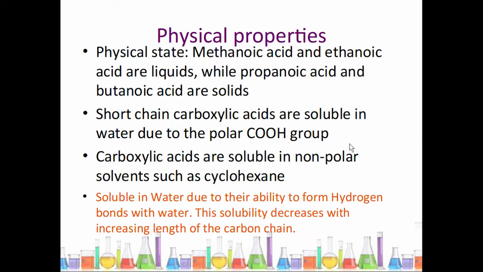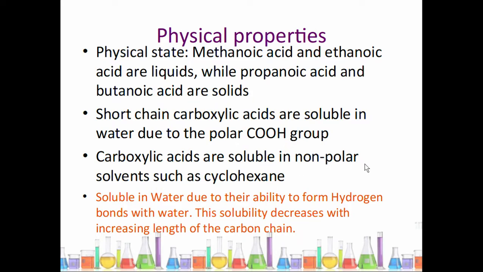So again, same as all of the other compounds we've been looking at. Short ones are soluble in water. The longer they get, the solubility decreases in water because of the non-polar part of the molecule kind of taking over and outweighing that. So short chain ones are soluble in water, longer chain ones are not.